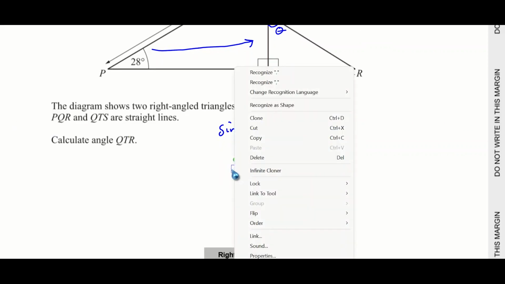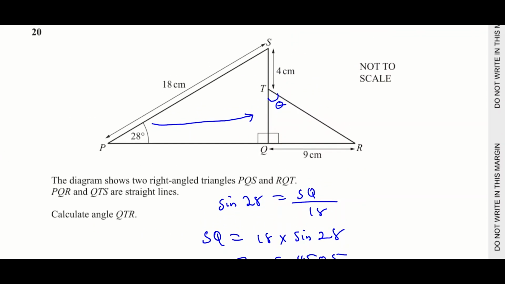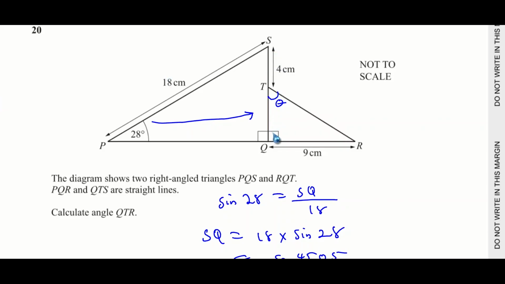So SQ will be equals to 18 times sine 28. If you input this into your calculator, you should get 8.4505.